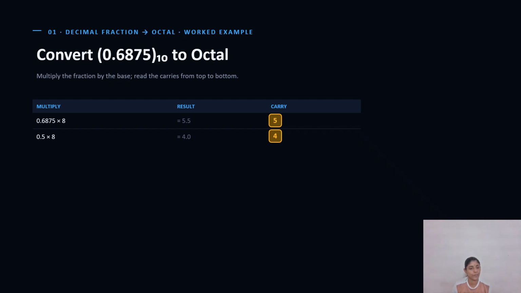So 0.5 into 8 is 4.0. Consider the fractional part 0. 0.0 into 8 is again 0, so I didn't follow a third step. In the second step, I consider my integer part or carry part, which is 4. How to write the result? From top to bottom. That's why I have written it as 0.54 base 8.